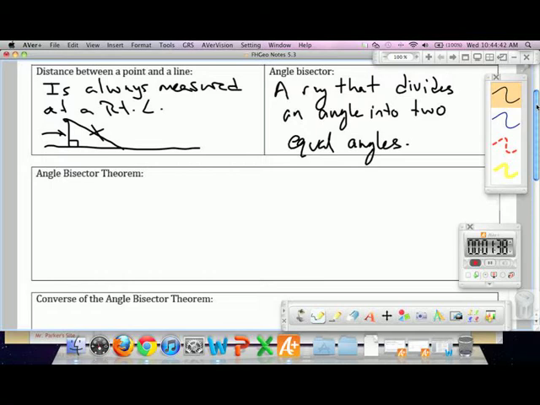Our angle bisector theorem, kind of the new statement about angle bisectors, is the following.